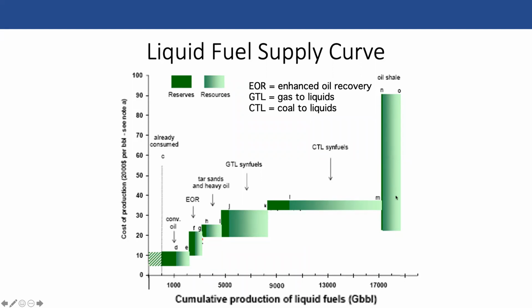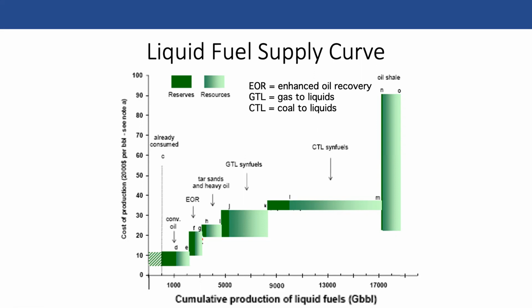And then this last one here is oil shale, which is a slightly different form of the shale that we're talking about today. Some of this actually will end up down here, but this has a really wide uncertainty in terms of how you would extract the resource.